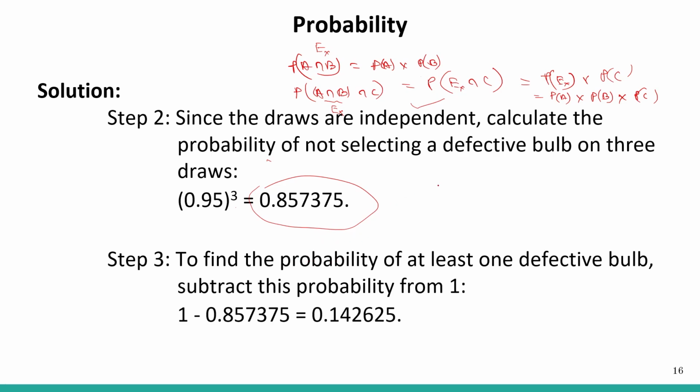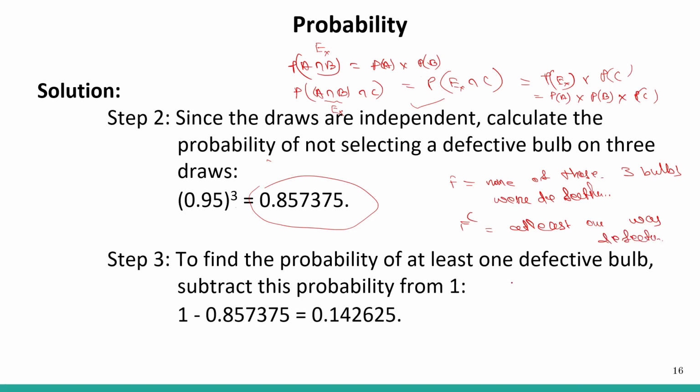Let's take it as F. So F is the set where none of those 3 bulbs were defective. Then FC will be what? At least one was defective, right?